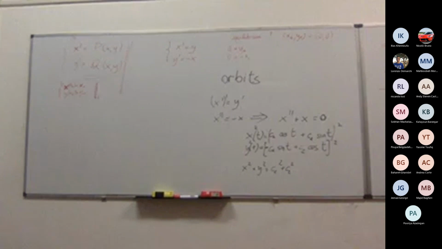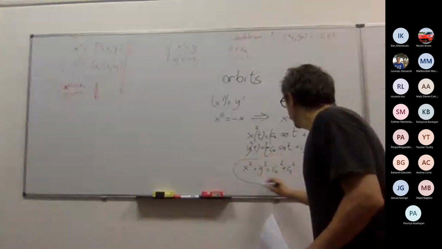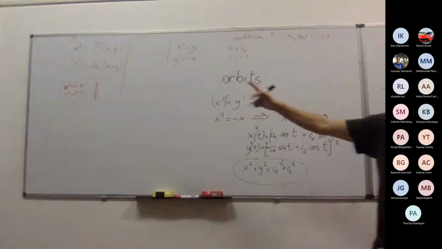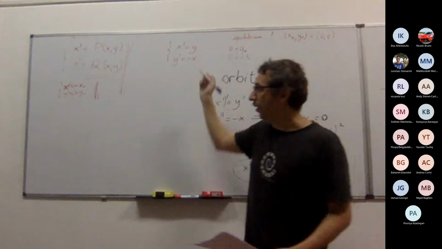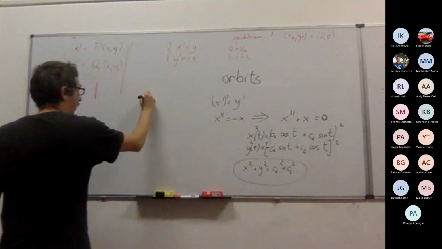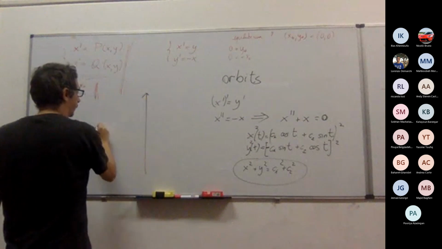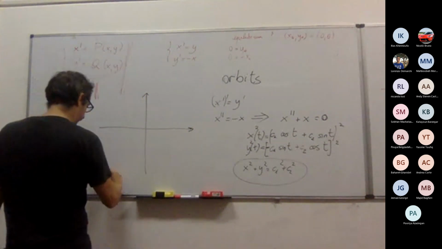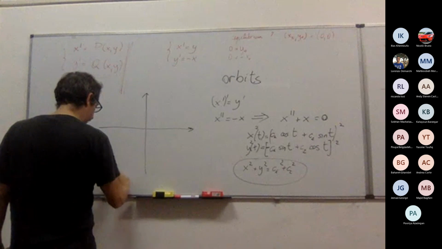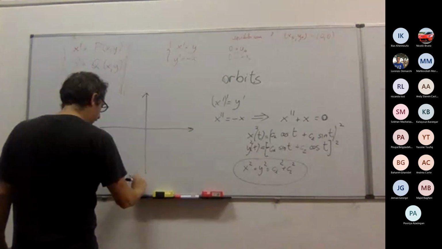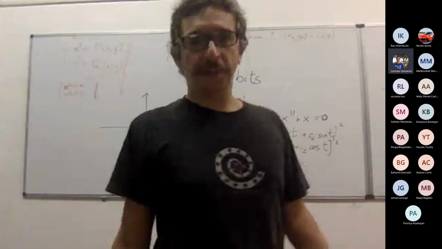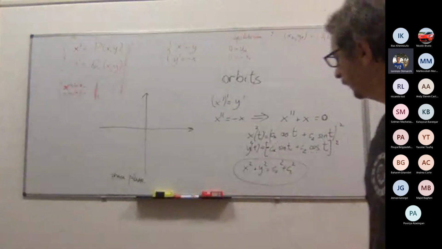So these are the orbits of this system here. So what are these orbits? Why have you done the sum?